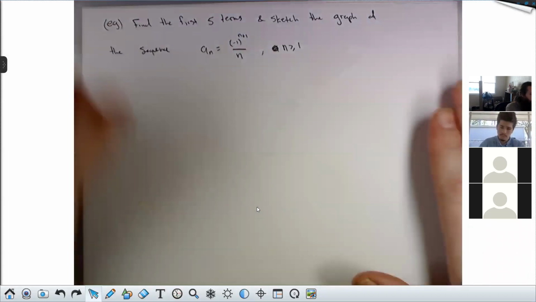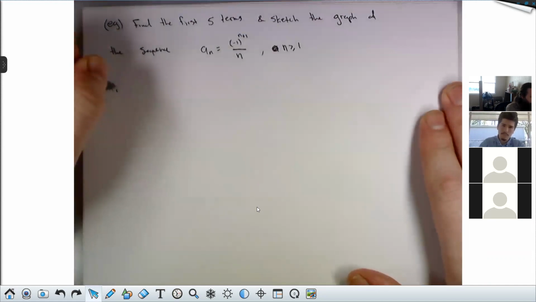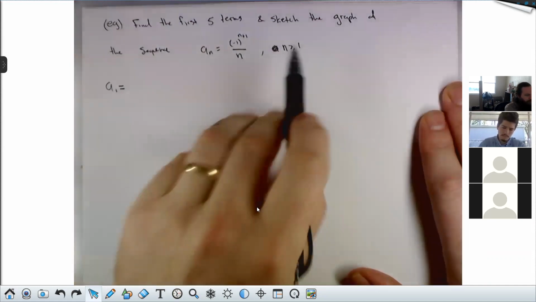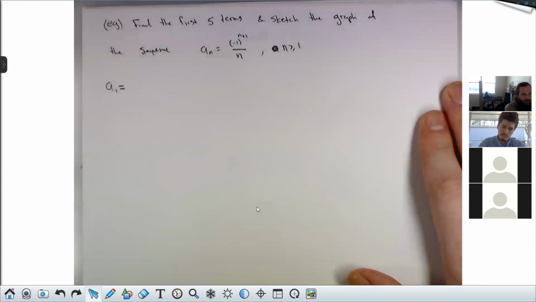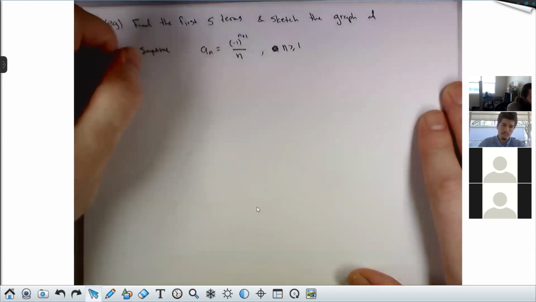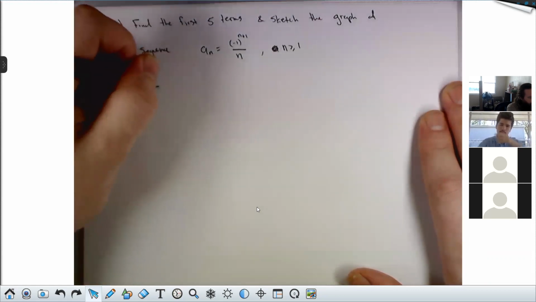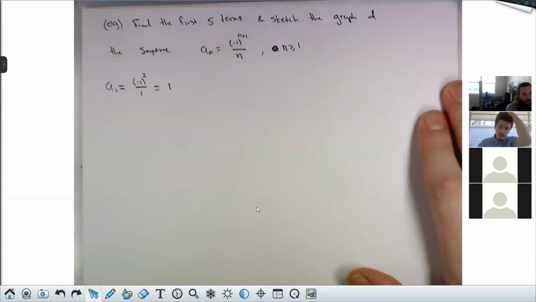All right. Well, let's find the first 5 terms. Okay, what's a_1? n starts at 1, so a_1 is the first term. That would be (-1) squared over 1, which is 1 over 1, or just 1.